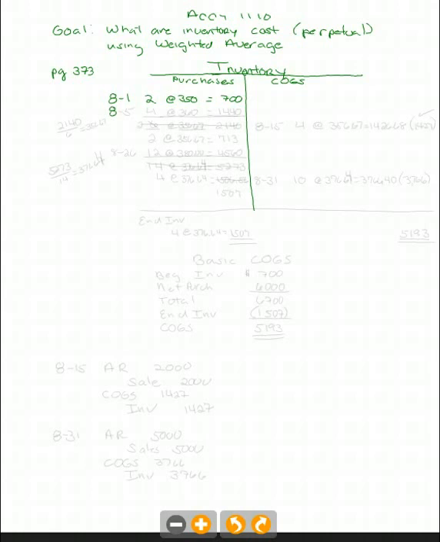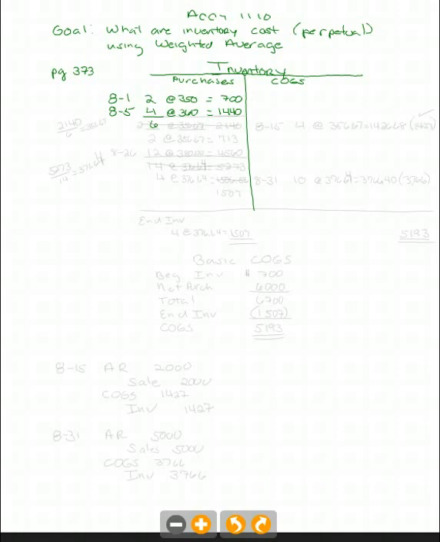What is the average cost of those units? Well, we'll take the $2,140, the total cost, and divide it by the 6 units that we have, and that brings you to a cost of $356.67 per unit. So we'll put $356.67, and what in a sense we've done is crunch those 2 layers into one using averages.